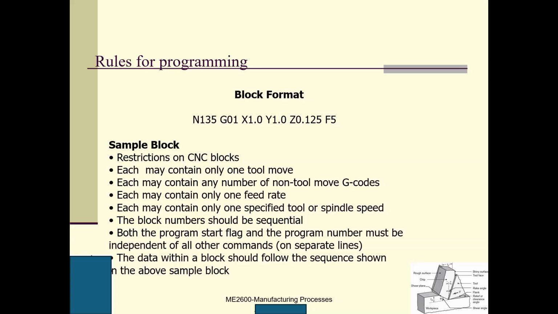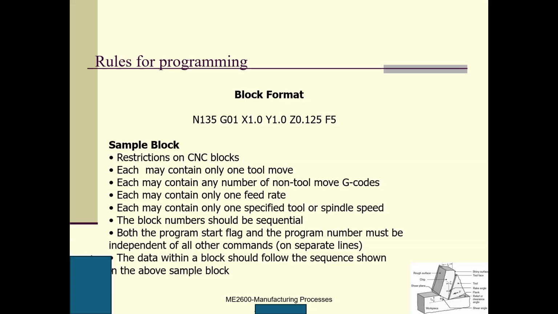This is how we interpolate. Each may contain any number of non-tool movement codes, only one feed rate, and only one specified tool or spindle speed. The block numbers should be sequential, from the lowest one increasing until the highest one.